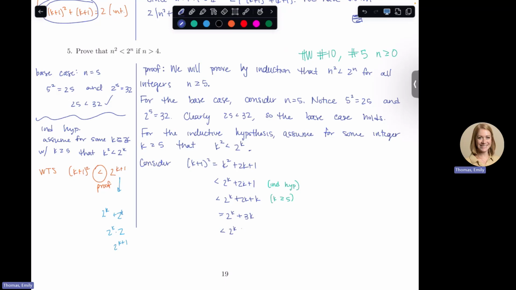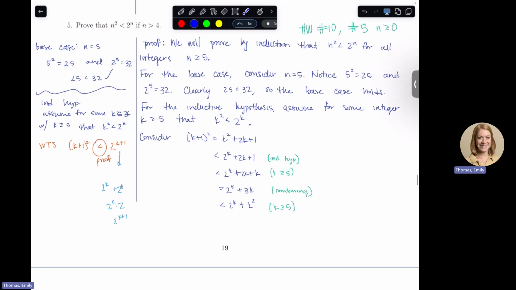This is less than 2 to the k plus 2 to the k plus k squared. I'm so sorry. Plus k squared. This is just combining like terms. This is because k is greater than 5, so 3 times k has to be less than 5 times k, which is k squared, or k times k.